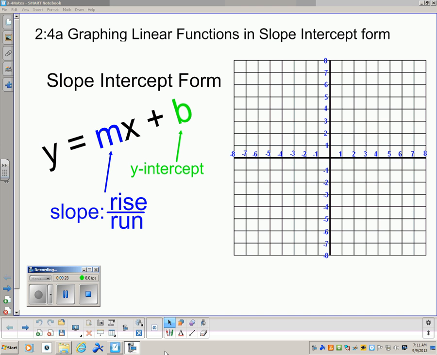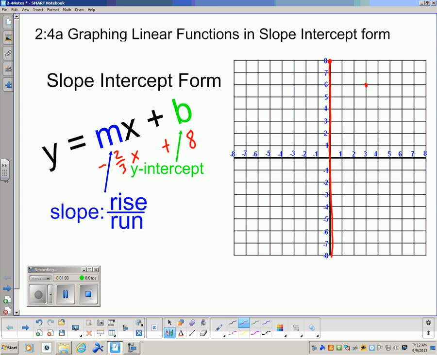So you can graph the y-intercept, and if you remember on the graph over here, your y-intercept is where it hits this axis over here. So if this was a plus 8 in here, then your y-intercept would be up here at 8. And let's say your slope here was a negative 2/3. Well, then you can come down 2 because that's your rise, and then you run 3 to the left. 1, 2, 3.